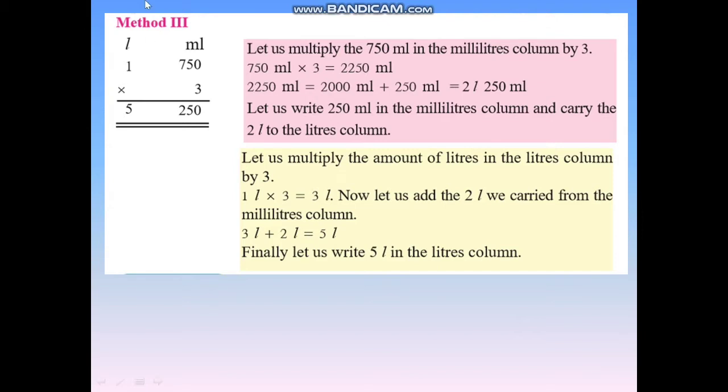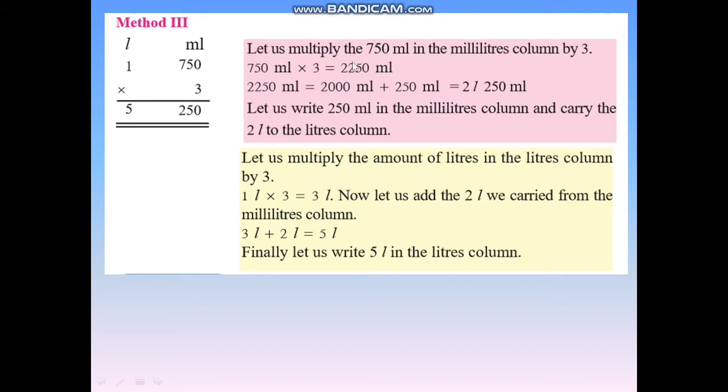In method 3, they have separated the values into 2 columns, the liter side column and the milliliter side column. First of all, we are going to multiply the milliliters side. When we multiply 750 milliliters by 3, we get the answer as 2250 milliliters. You know, this thousands in the milliliters, that means this 2 on the left hand side, we can take to the liters side because it can be divided by 1000.